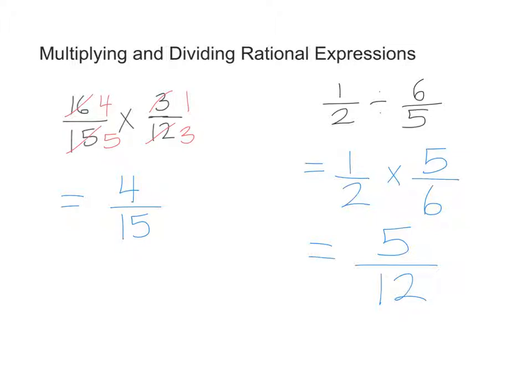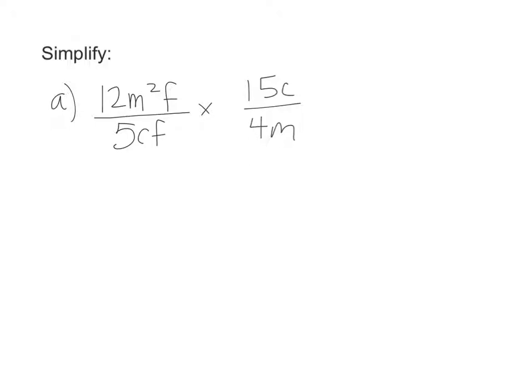So if you can remember those basic things about how to reduce, how to multiply numerator by numerator and denominator by denominator, and what to do with division, then you're all set for the next thing, which is when we start looking at algebraic things like this: 12m squared f over 5cf times 15c over 4m.